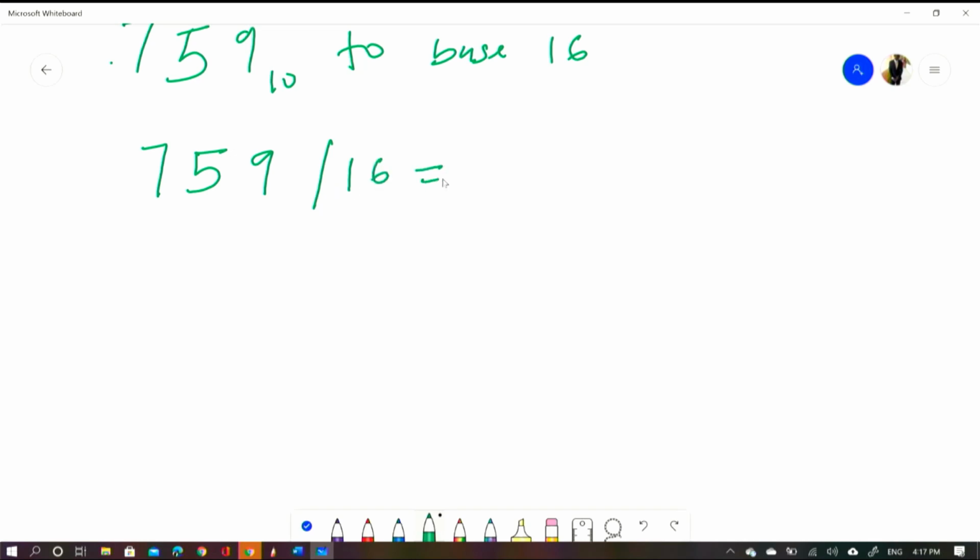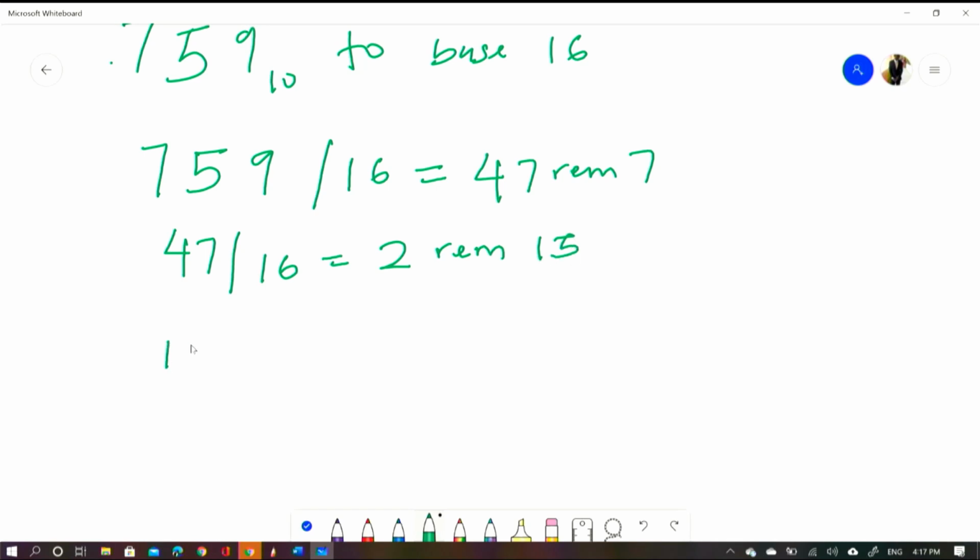So if you divide 759 by 16, you will have 47 remainder 7. Again, you divide 47 by 16, which is going to give you 2 remainder 15. Again, you also divide the 2 by 16, and it's going to give you 0 remainder 2.